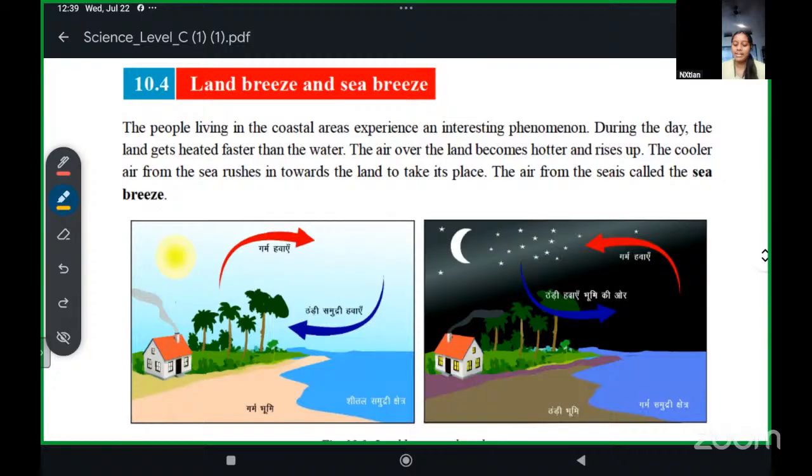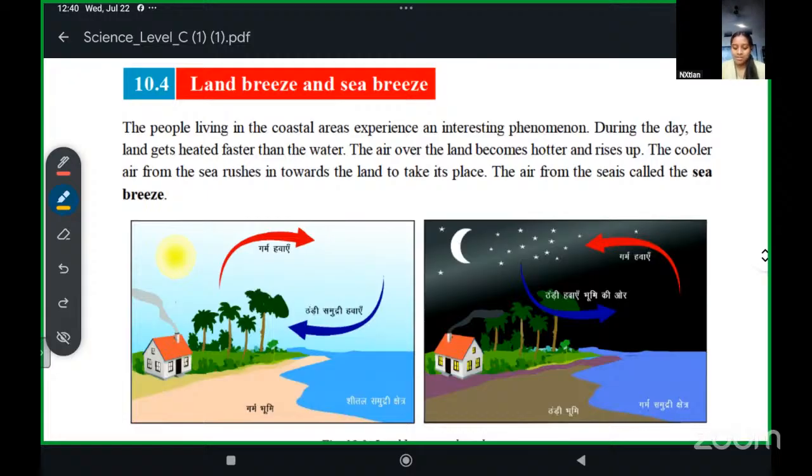The air over the land becomes hot and rises up. Because the sun rays are falling straight on the land, it will become hot faster. Whenever air becomes hot, it rises up, like when you're boiling something and steam goes up. The cooler air from the sea rushes onto the land to take its place.